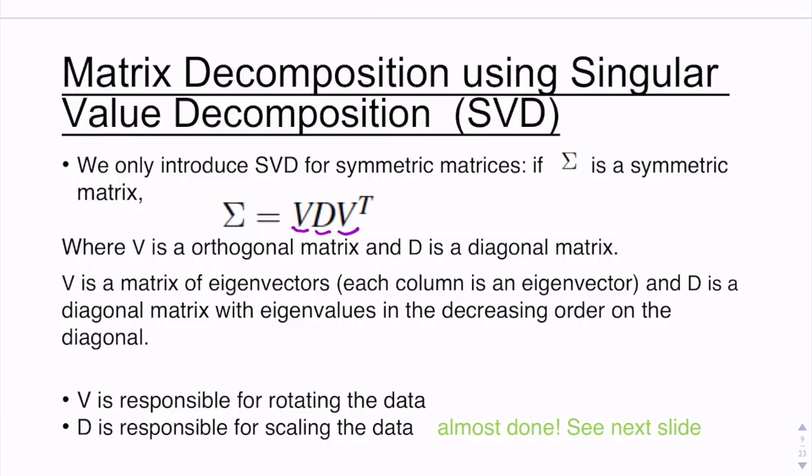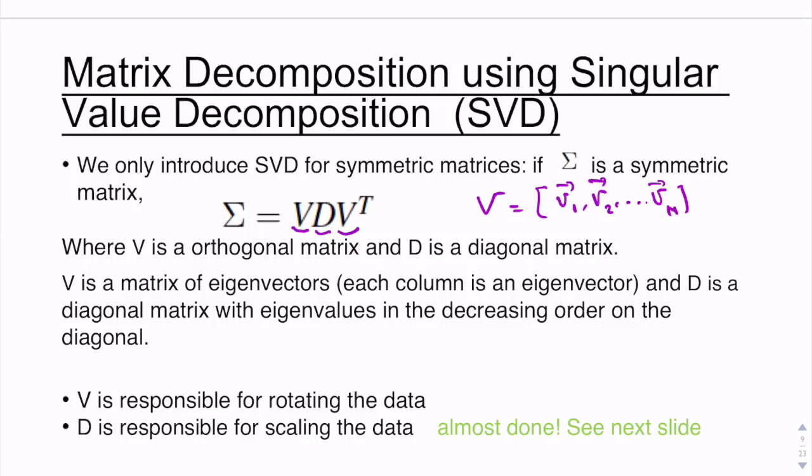These matrices have some properties. Basically we need two matrices, V and D. V is an orthogonal matrix. We know that if V is a matrix of these vectors, let's say the dimension is n, if a matrix is orthogonal, that means the inner product of each pair of these vectors is 0.